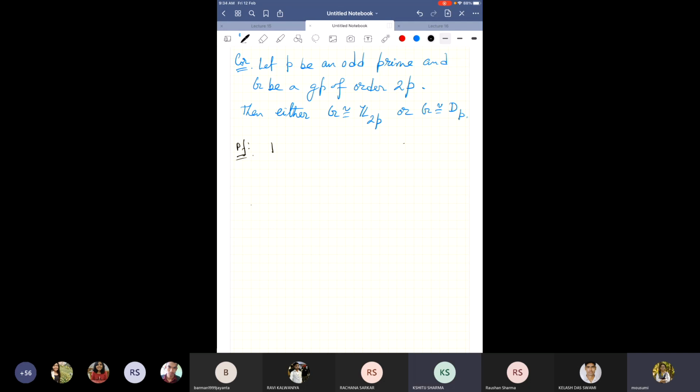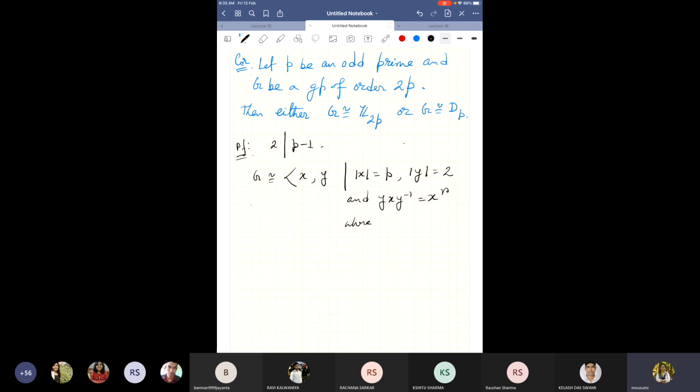So I am assuming that 2 divides p minus 1, which will always be the case. Then we know that G will be isomorphic with the group generated by two elements x and y, such that order of x is equal to p, order of y is equal to 2, and also y inverse is equal to x to the power r.